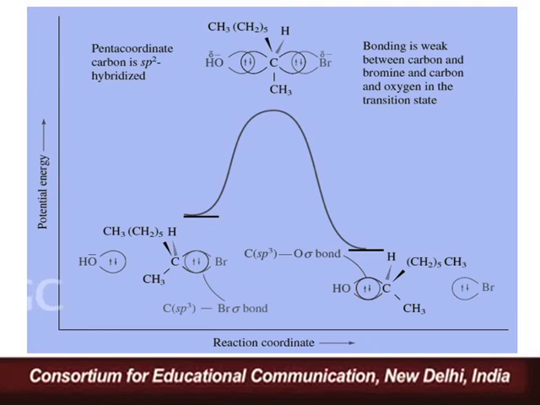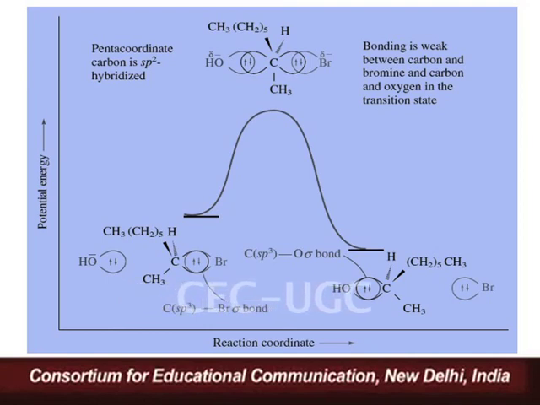Now, if we look into the stereochemistry of the reaction, then what we find is that in the substrate and the product, the configuration of the groups is inverted. That is, the reaction is accompanied by inversion in configuration.